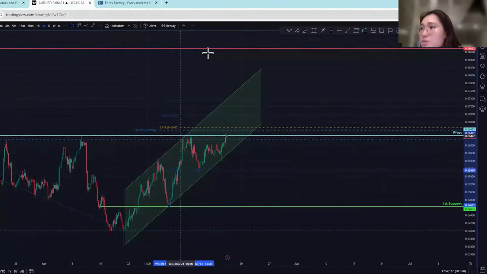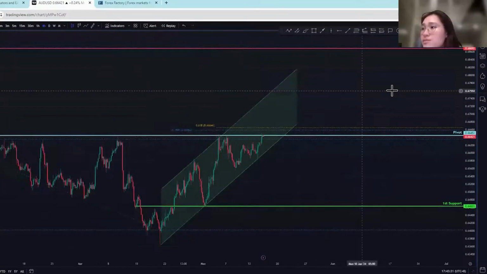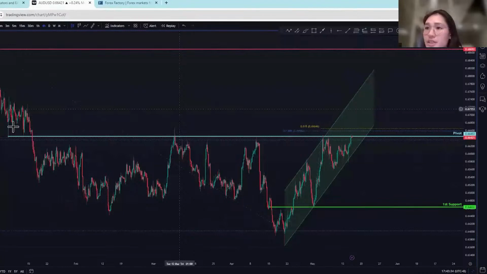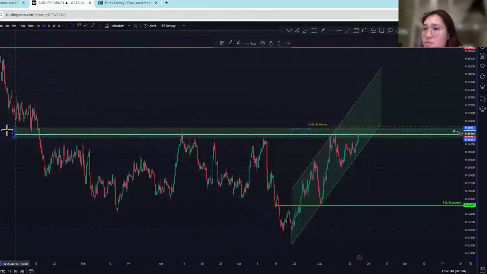Okay, my 61.8 lines up with my pivot as well. So you can see this area here where my pivot is at is a pretty strong confluence area. Okay, because we have 3 levels lining up.